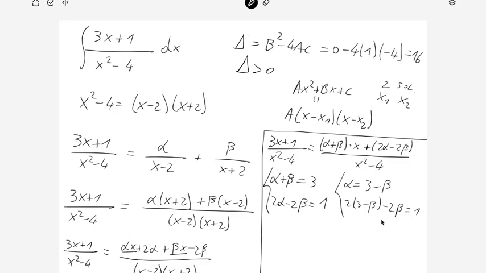You find beta here, you substitute, and you find alpha. I think that alpha is 7 over 4 and beta is 5 over 4, because the sum is 12 over 4, so it is 3. And the difference, 7 minus 5, is 2. Okay, so alpha is 7 over 4 and beta is 5 over 4.